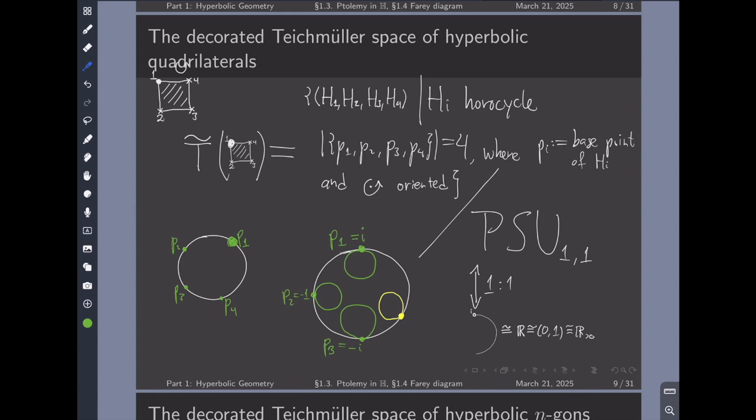So this means that this space should be, well, I have 1 degree of freedom here, namely the radius, and also a degree of freedom here, so it's 5-dimensional.